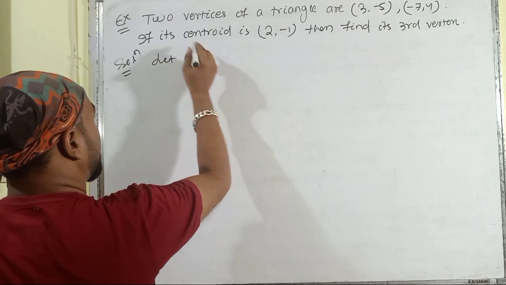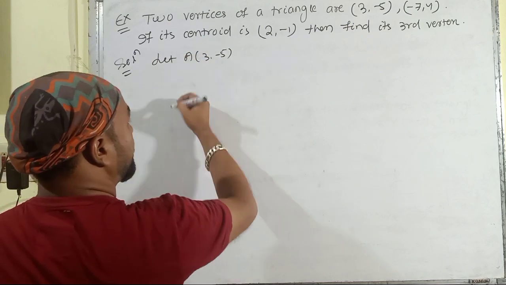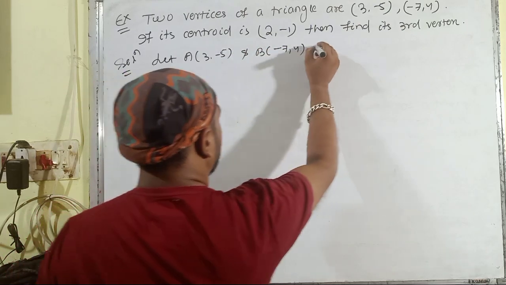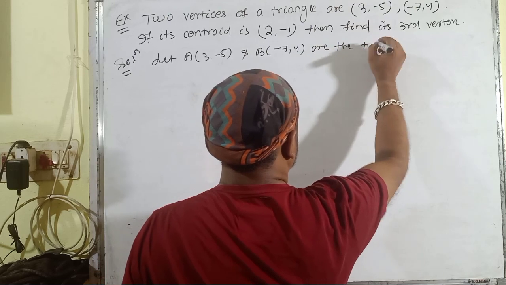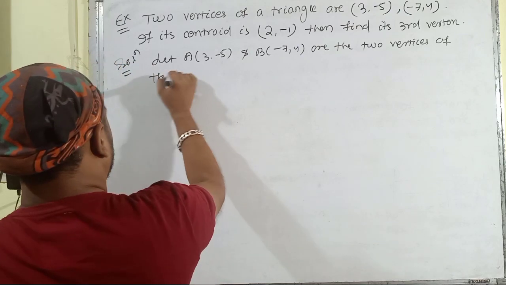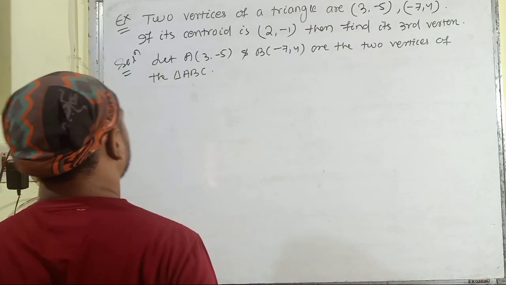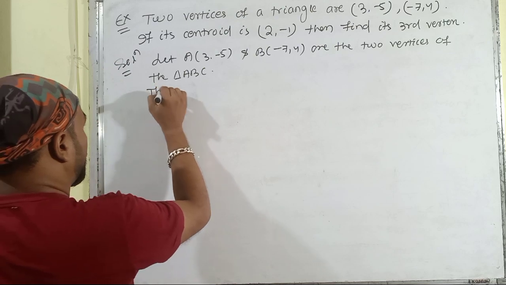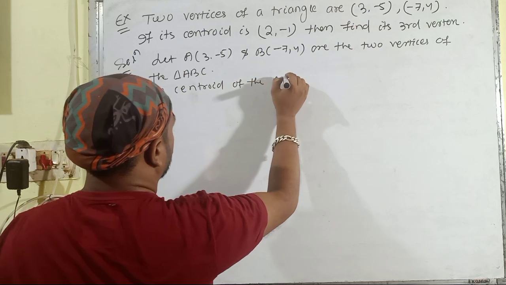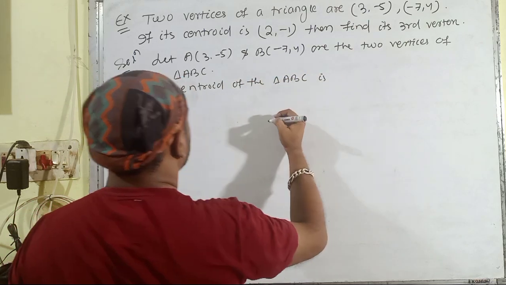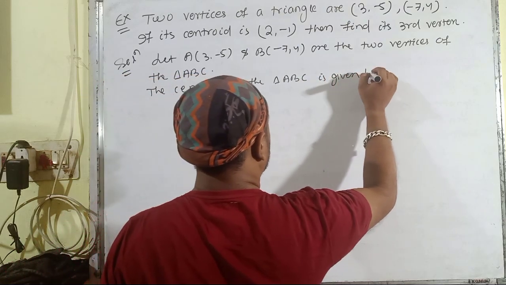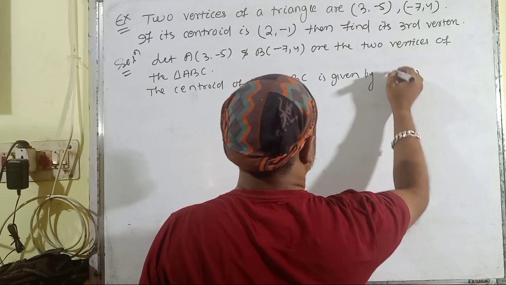Let A(3, -5) and B(-7, 4) be the two vertices of the triangle ABC. The centroid of the triangle ABC is given by (2, -1).